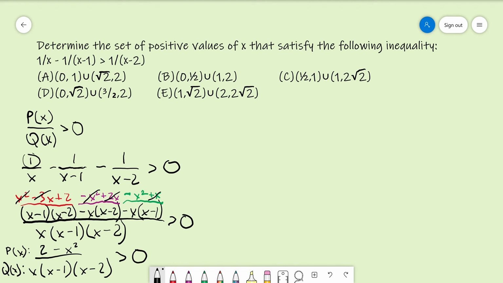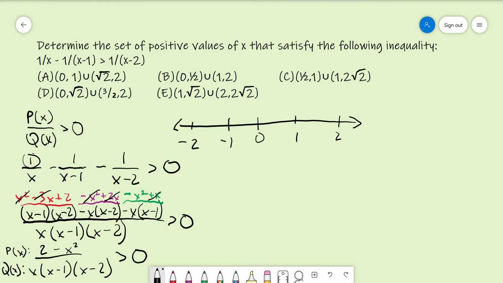Well, what are the roots of P of x? Here, let's draw it on the number line. We have 0, 1, 2, negative 1, negative 2.